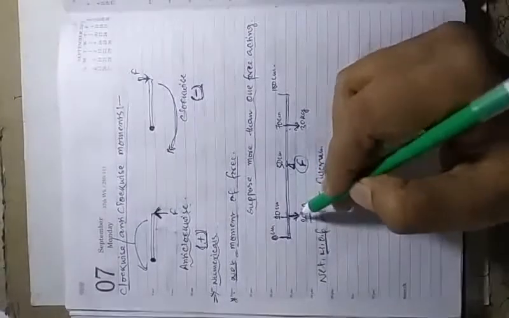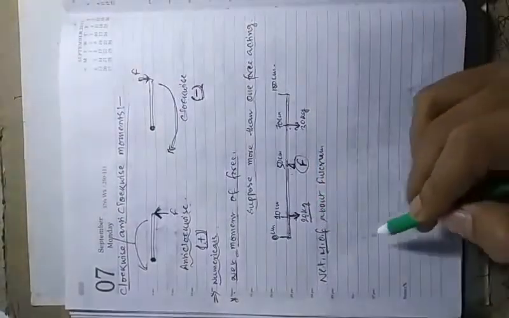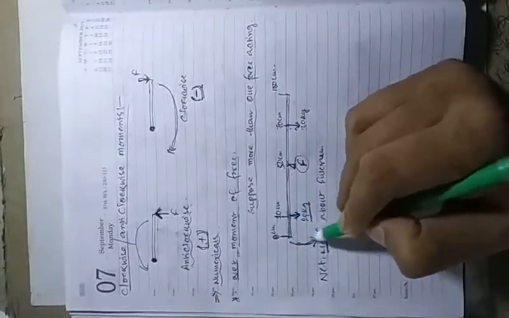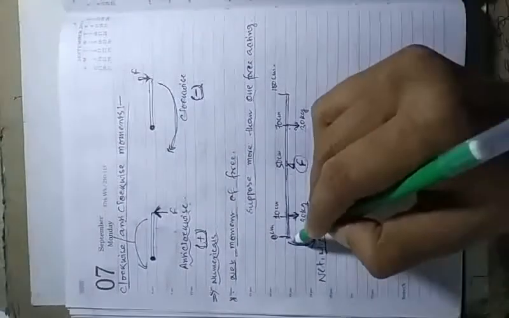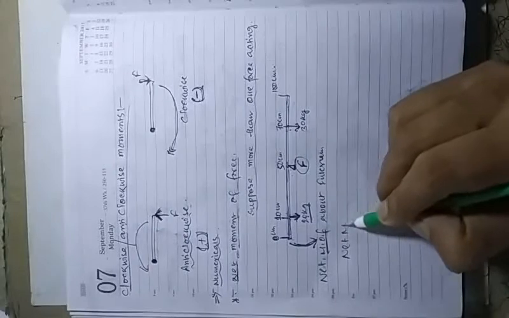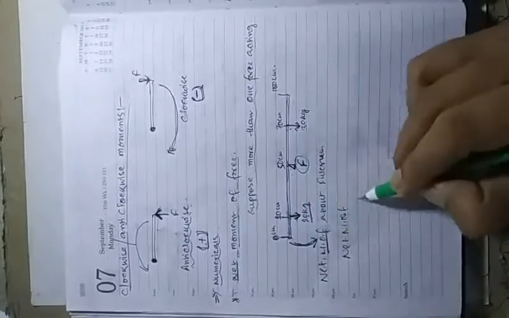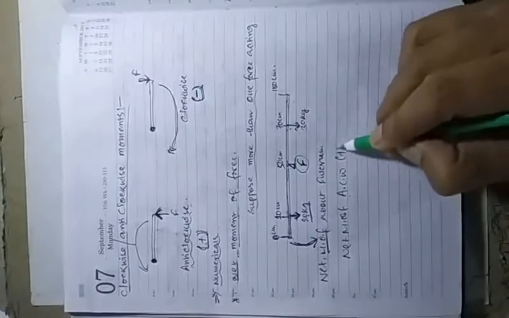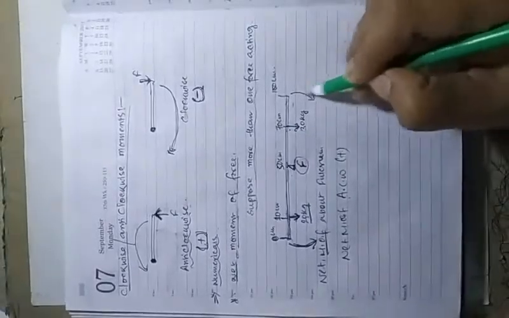Okay, so here you see that the weight is acting downwards, meaning here the arrow will be like this, the force is acting downwards, meaning the left side will be anti-clockwise. So net moment of force will be, left side anti-clockwise, means plus, and right side you can see that is clockwise.